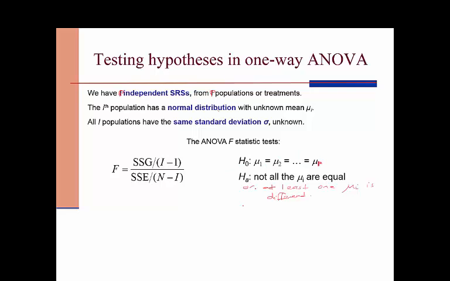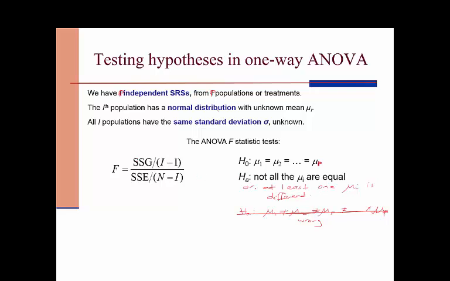So for HA or H1, if you write mu1 not equal to mu2, not equal to mu3, not equal to all the way to mu p, this is wrong, because this says all of them have to be not equal to each other. The null hypothesis is that they're all equal to each other, and the alternate is that at least one of them, it can be only one, it can be more, has to be different than the rest.